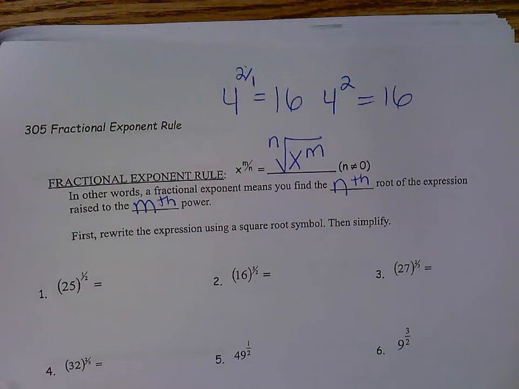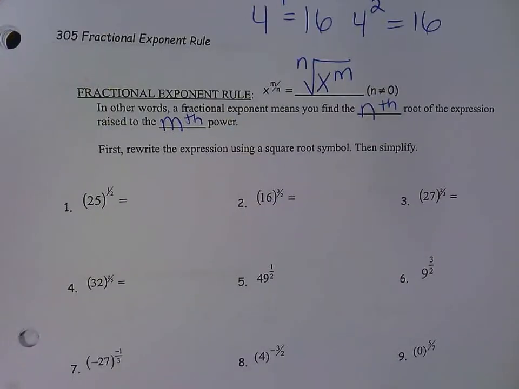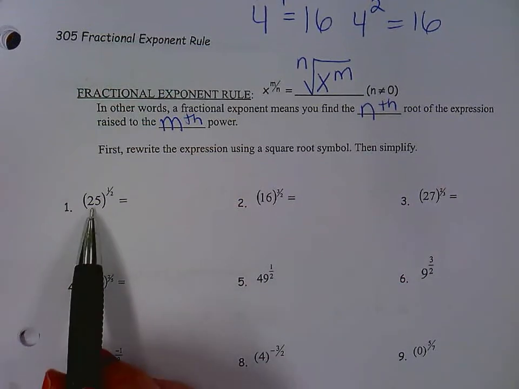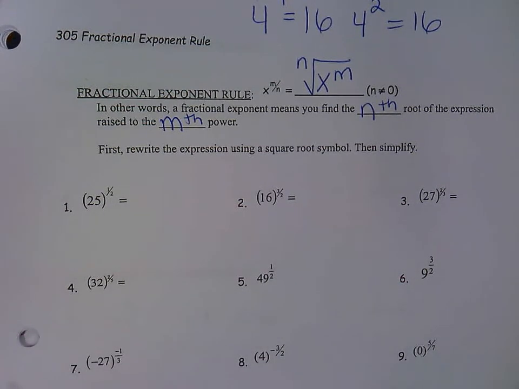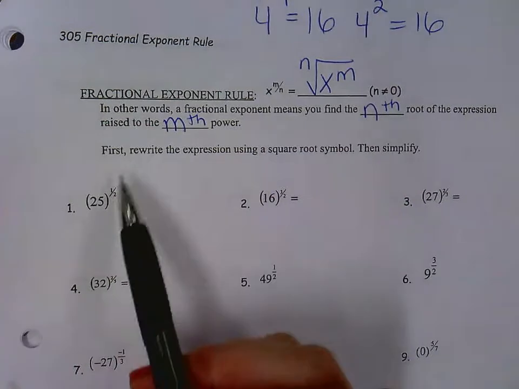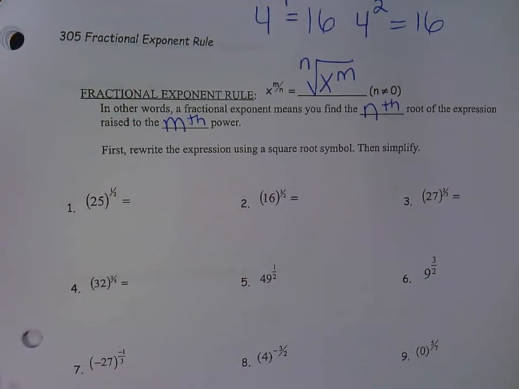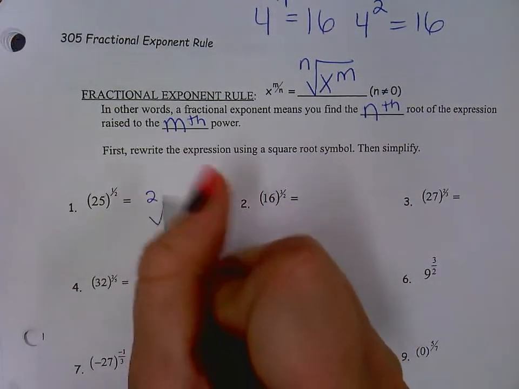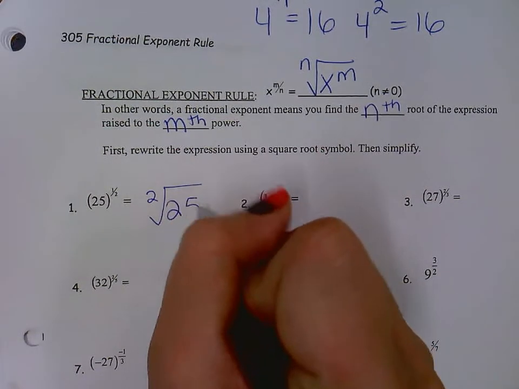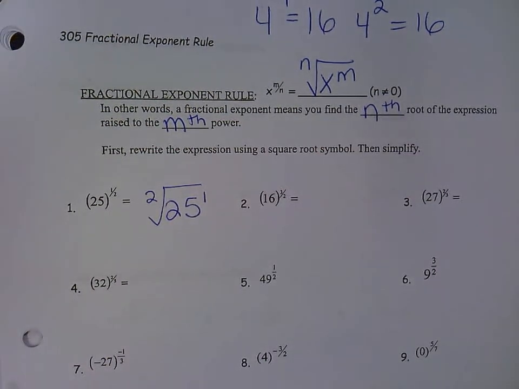And usually students haven't seen this before, so this might be new to you. But 25 to the 1/2 power is not 12.5. 1/2 is not a coefficient. 1/2 is the radical for this problem. The 2, because it's in the denominator, is the index of the radical. And then this is just the first power. The 1 is in the numerator.